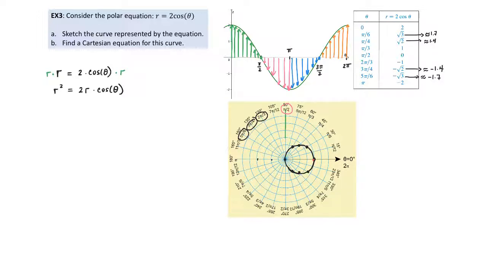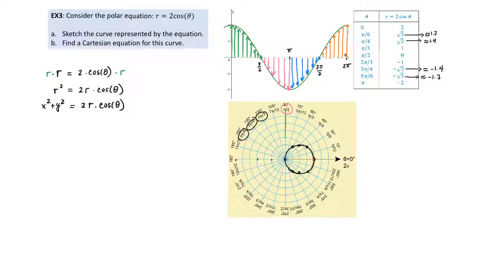Now, we know that one of the equations that allows us to convert is the Pythagorean theorem. So I know that r squared can be replaced with x squared plus y squared. So I'm going to write x squared plus y squared, that's going to be equal to 2r times cosine of theta.